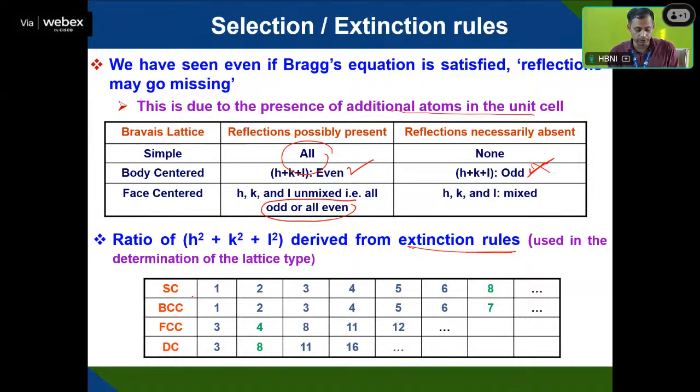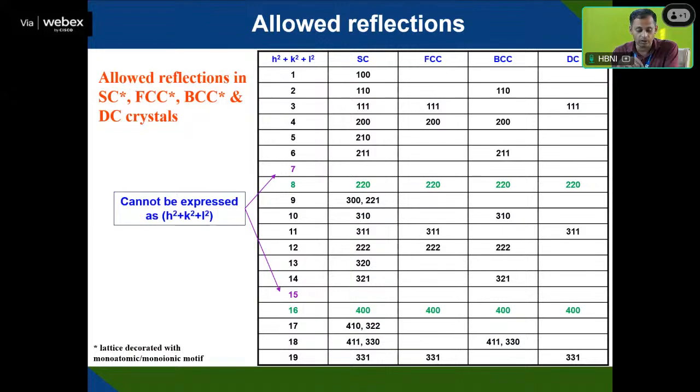You will see in case of simple cubic, it's 1, 2, 3, 4, 5, serially you will be able to see, but BCC is 1, 2, 3, 4, 5 up to 7, here 7 we see. But in FCC it is 3, 4, 8, 11, 12. So this type of H square plus K square plus L square value will be possible in each case. If you write all allowed reflections like this, you can see 7 and 15.